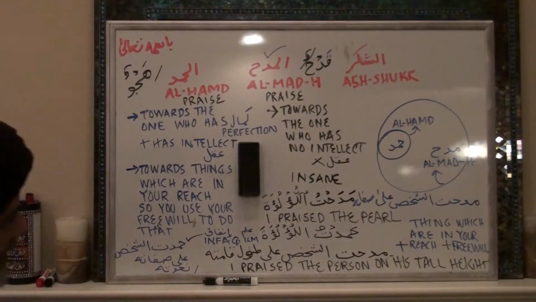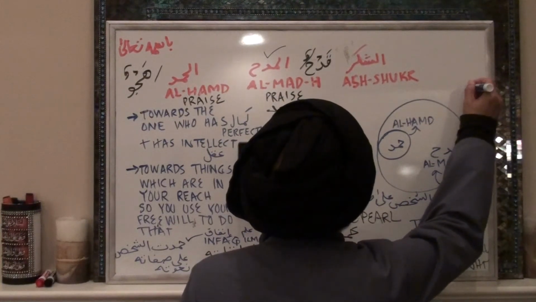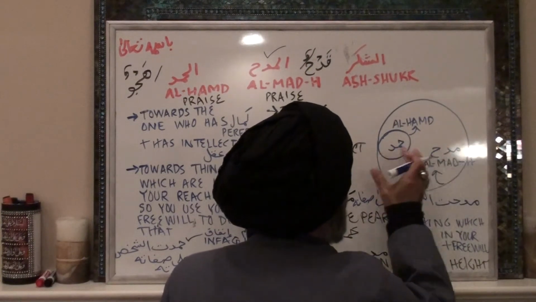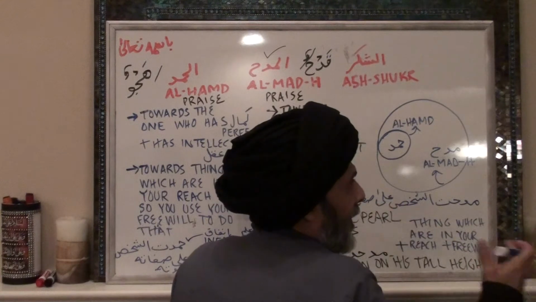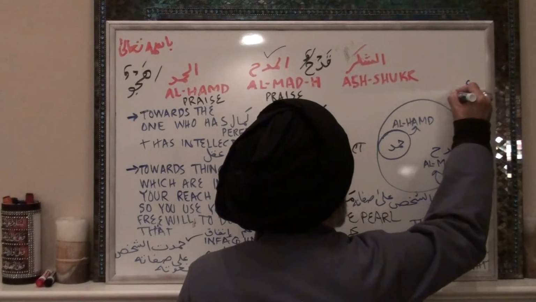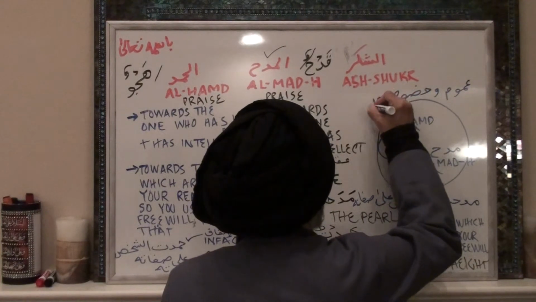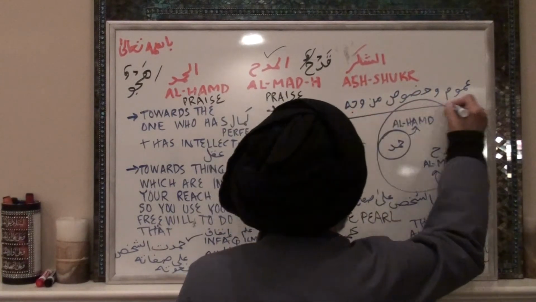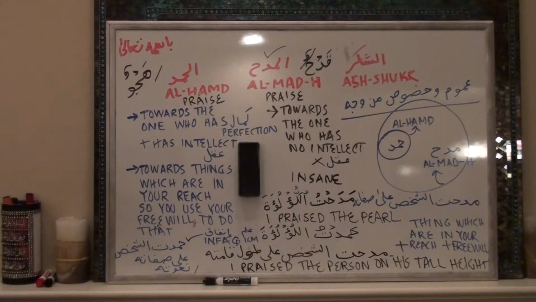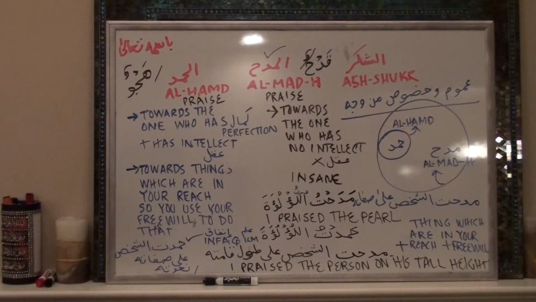Ilm al-Mantiq, we call it, just to mention a terminology, maybe people will be watching on internet as well. In Ilm al-Mantiq, whenever there is an established relation between two concepts, relations between things are mentioned in the science of logic. So this relation is called umumun wa khususun min wajh. That's the technical term of this relationship. I'm just mentioning it for those who know Ilm al-Mantiq. That's the relationship between madh and hamd in the terminology of logic.